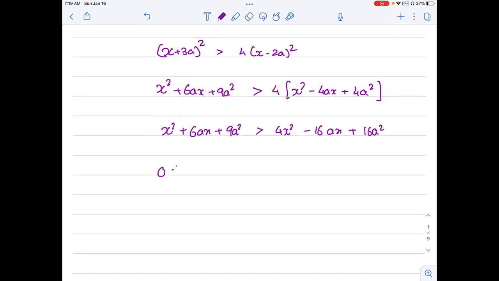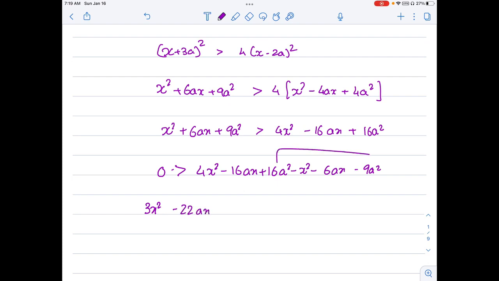So 0 is greater than 4x square minus 16ax plus 16a square minus x square minus 6ax minus 9a square. It becomes 3x square minus 22ax plus 7a square is less than 0, since 16a square minus 9a square is 7a square.